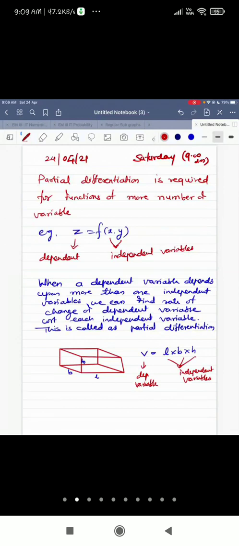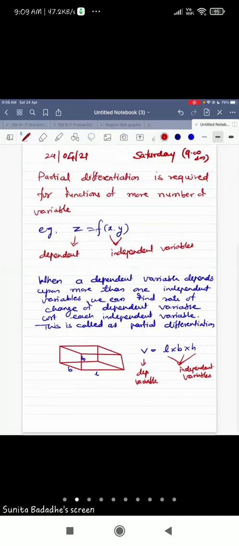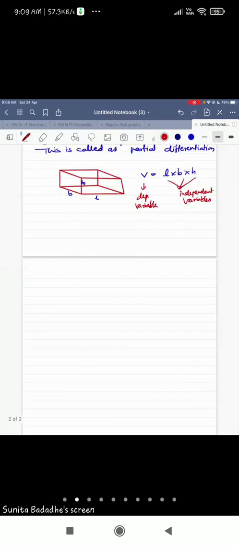Now, in case of one variable, you defined the derivative after learning about continuity, right? Same as the continuity of one variable, there is continuity of more number of variables also. So continuity of a function of, say, two variables.